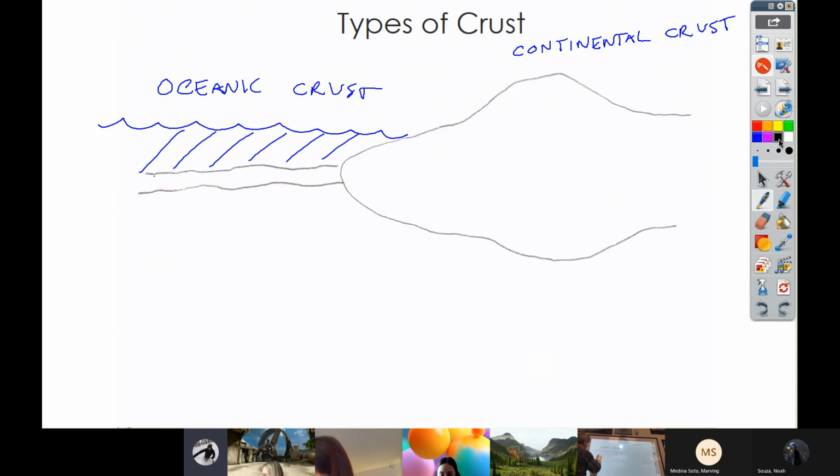And that is the rock that makes up the sea floor. We just show with these vertical lines. So add that to your diagram. And then up here, I'm going to make a key showing what this is.